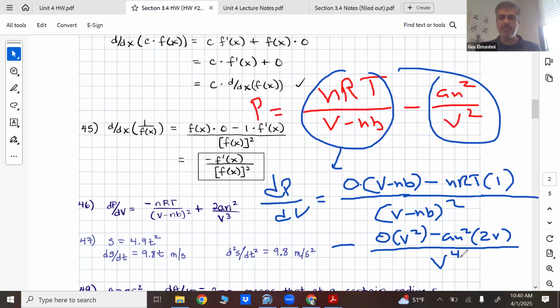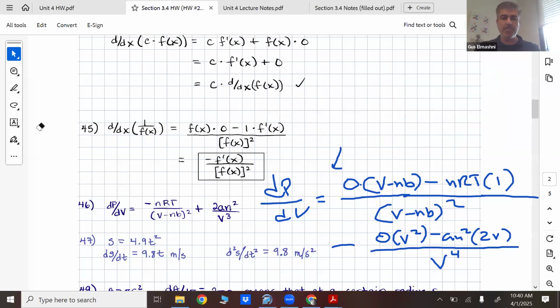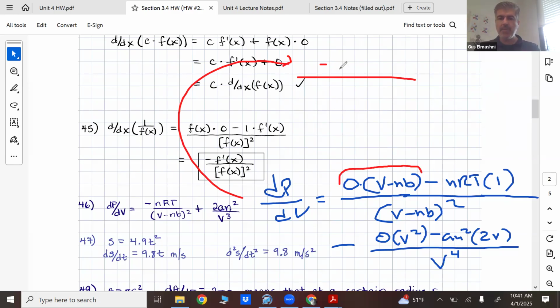Does that make sense? If you clean it up, let me erase this stuff up above now. Now if I clean it up, I know what's going on. The first fraction, this goes away, right? So you just have negative nRT. And what's the bottom? v minus nb squared.